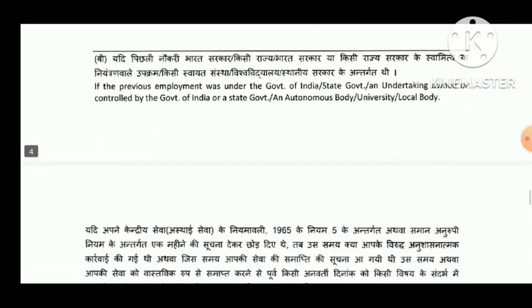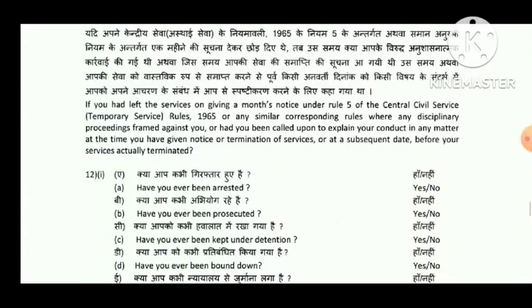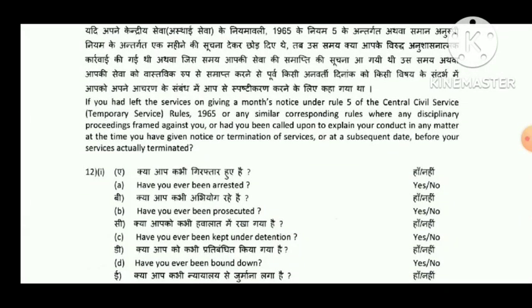After 11 there is the 12th point, where you have to state whether there has been any termination as per rule 5 of the Central Civil Services, whether before your service has been terminated, whether there were any problems during your service.